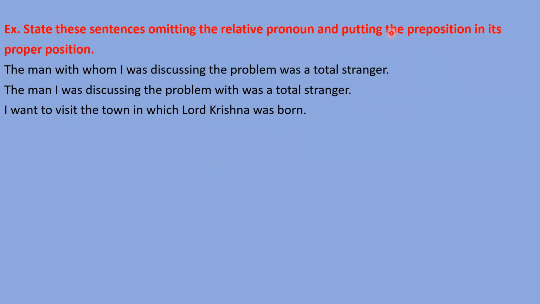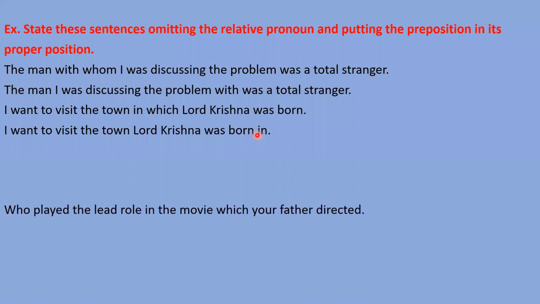The answer is: I want to visit the town Lord Krishna was born in. Okay, very good. You have given an approximately right answer. I want to visit the town Lord Krishna was born in. So in you have to write at the end of that clause. जो क्लॉज दी होती है उसके एंड में लिखना होता है.